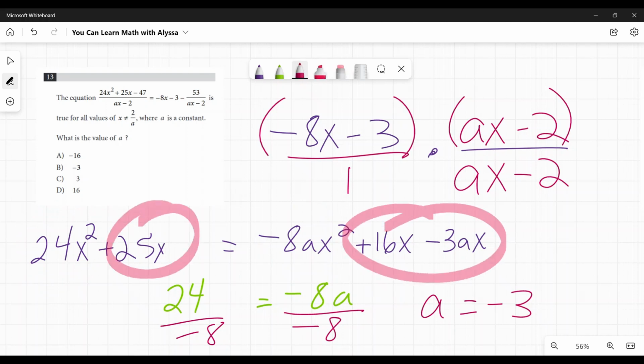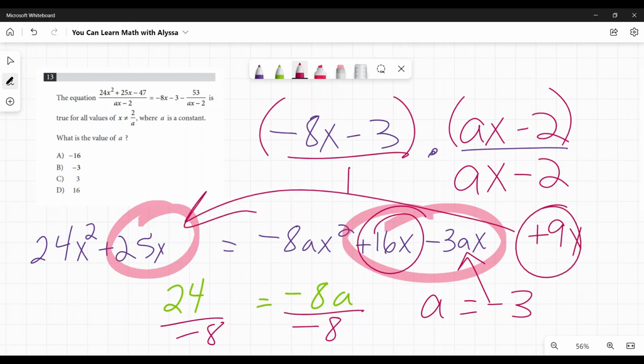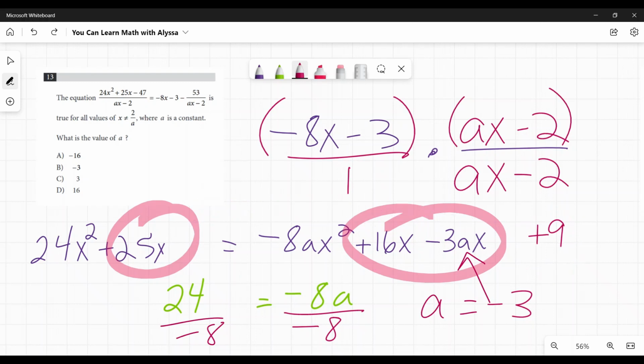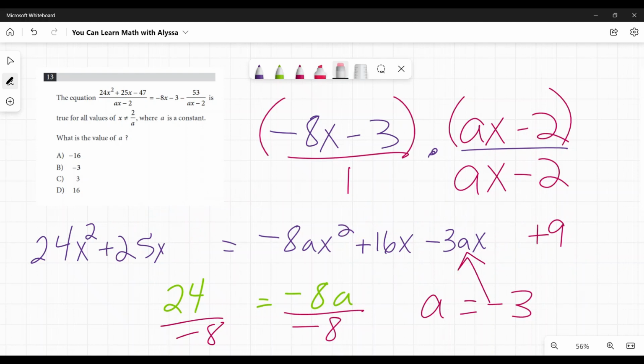See what happens if you plug negative 3 in right there. Then it becomes negative 3 times negative 3x, or positive 9x. And does 16x plus 9x equal 25x? Yes, it does. So that's confirmation that it is accurate. So that's a long walk to get to just a equals negative 3.